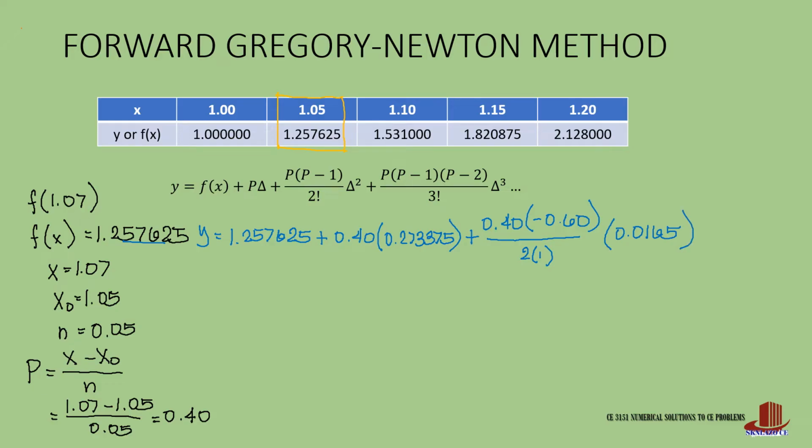And lastly, we get plus p of 0.4, p minus 1 as negative 0.6, and p minus 2 as negative 1.6.